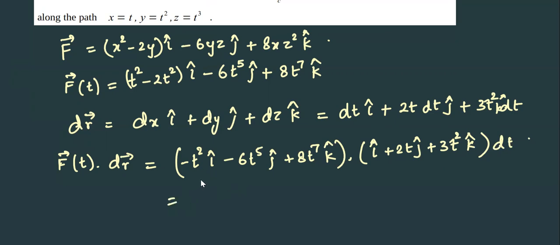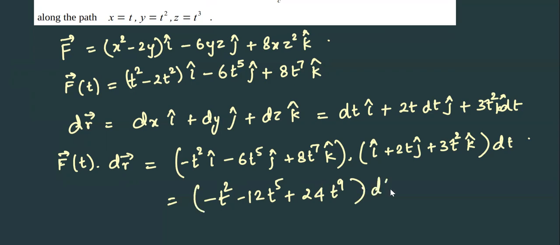So we take a dot product of this, we get minus t square minus 6 times 2 is 12 t power 5 plus 8 times 3 is 24 t power 9, dt. This is what it is.